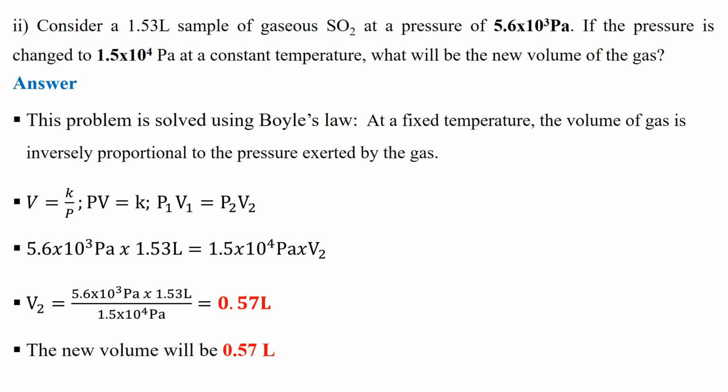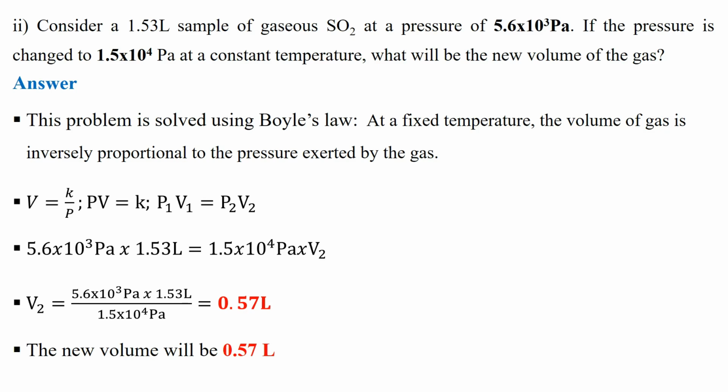Using Boyle's law, we know V, or the volume, has an inverse relationship with the pressure, and that is the proportionality constant. It will give us PV, the pressure times the volume, is equal to the constant. That means that P1 V1 is equal to P2 V2. We have V1, the volume 1, which is 1.53 liter.